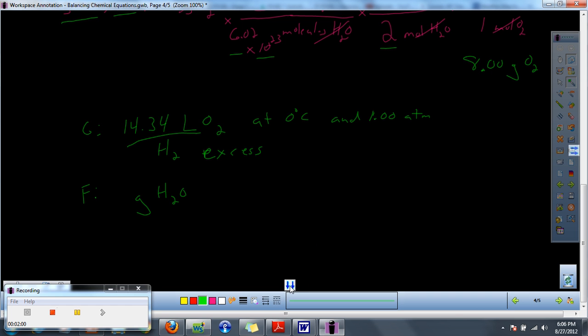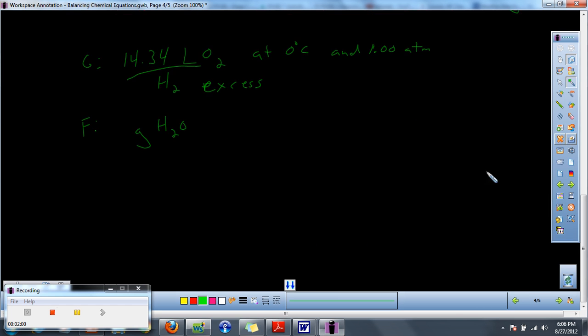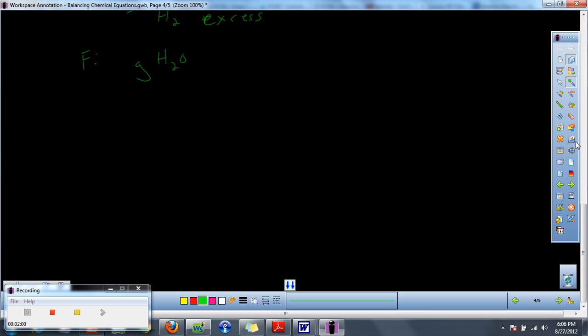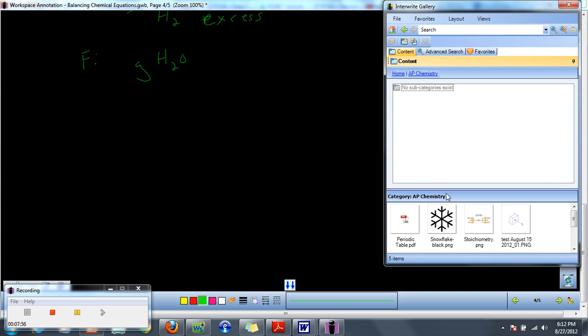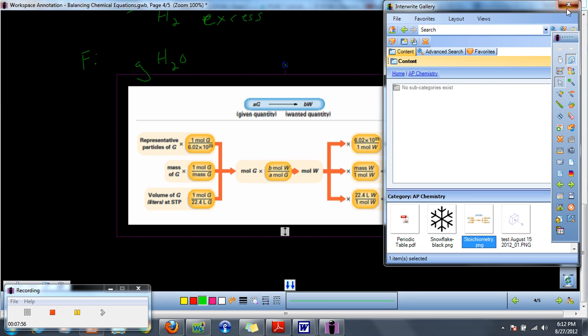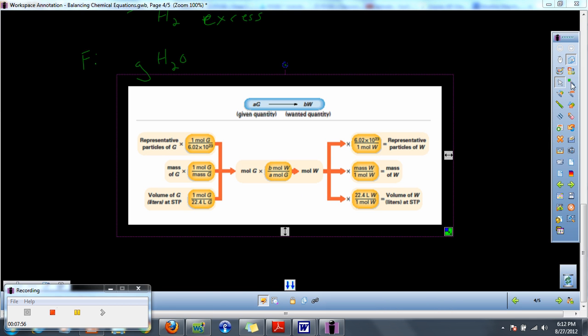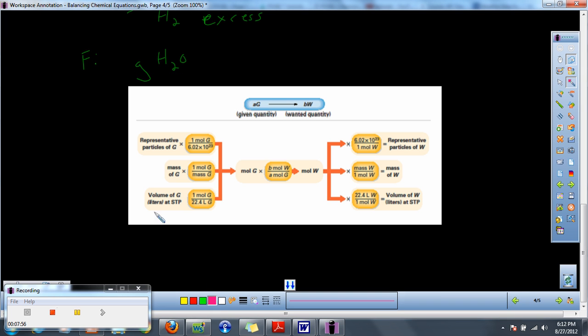Okay, so let me actually pull up our chart here. Okay, so here's a really useful chart in solving this problem. You'll see that we are told the initial volume of O2 at STP, standard temperature and pressure, and we want to find the number of grams of that product.